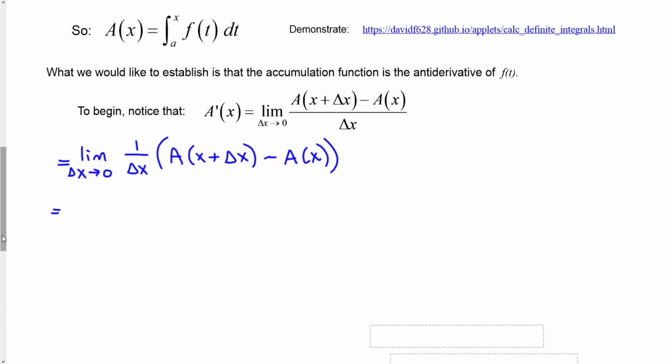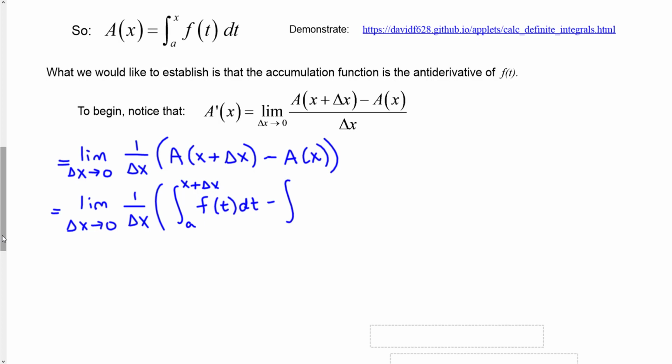But the reason that I did that is because that allows me to rewrite this limit in terms of definite integrals. Because one thing that I do know about this accumulation function is that it's the definite integral from some lower bound a up to the input value x plus delta x of f of t dt, minus then the accumulation function of x.